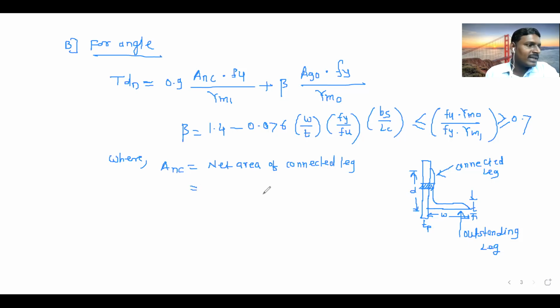For net area of connected leg, the formula is D minus N into DH minus T by 2 into T. This is the formula for net area of connected leg. Net area of connected leg.